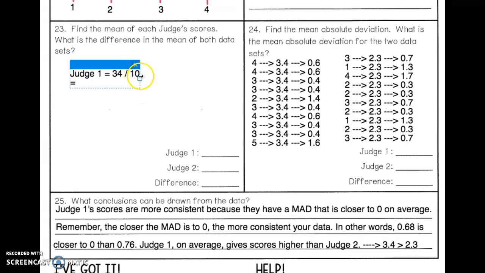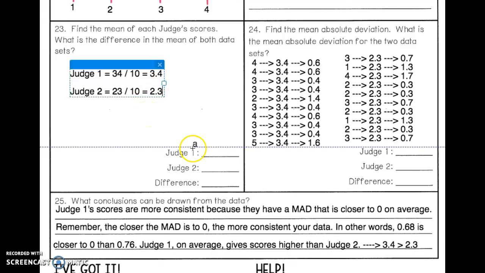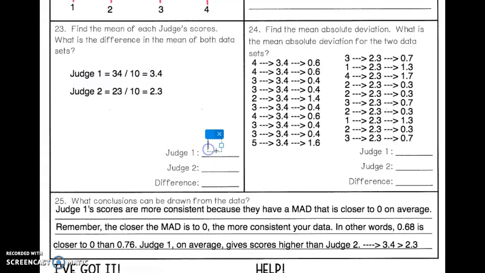When you divide that by 10, you get 3.4. All right, and then Judge 2, when you add Judge 2's scores up, you get 23 divided by 10 equals 2.3. So you can see the two scores there.